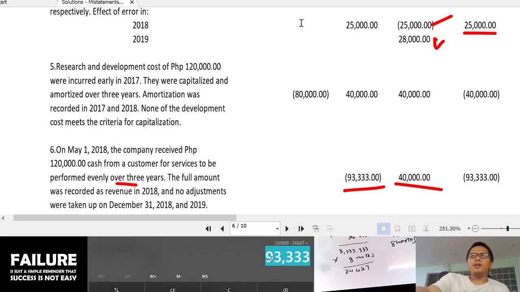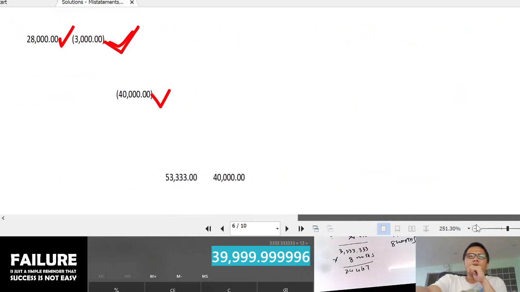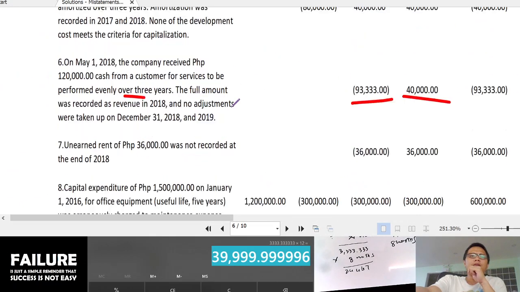Diba, yung monthly natin is we have 3,333.3333, diba? In 2019, that is obviously 1 year recognition na tayo. So, for 12 months. So, we have rounded off 40,000 of understated income. Diba? So, yun siya. No?